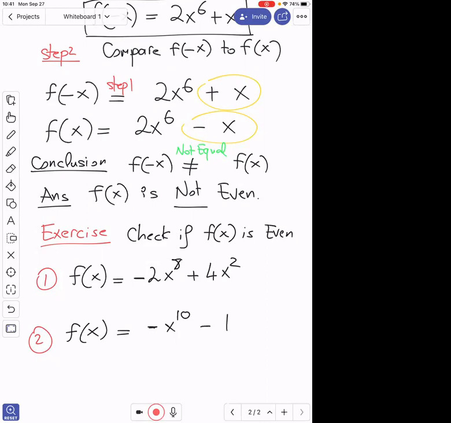Yes, go ahead. Sorry. For number 2, I said that it's not even, but the 1 has no x, so basically it's x to the power 0. Oh, sorry, you said not even. I thought you said even. Yeah, I meant to correct myself. Both of them are even, of course. Sorry.